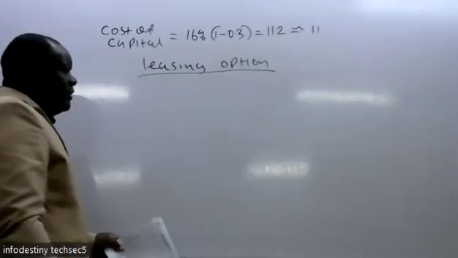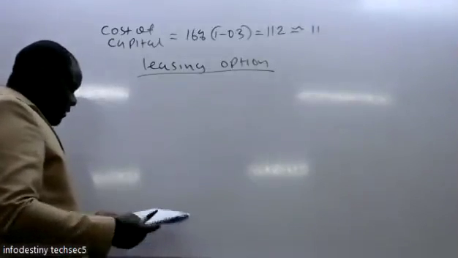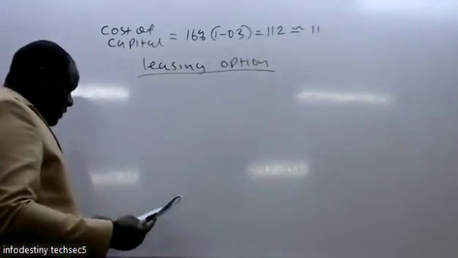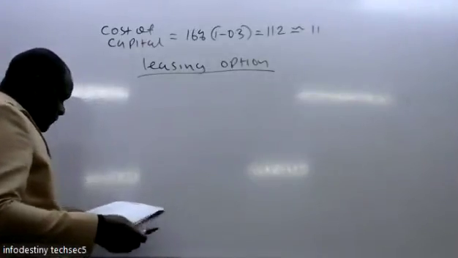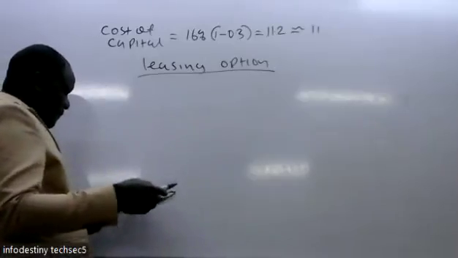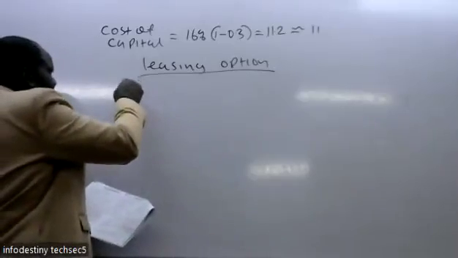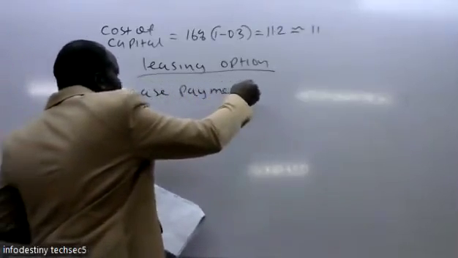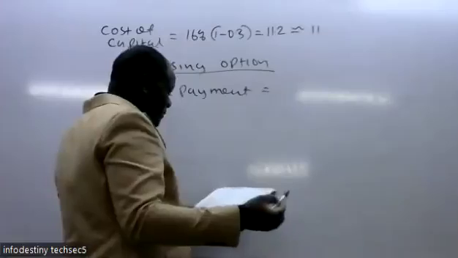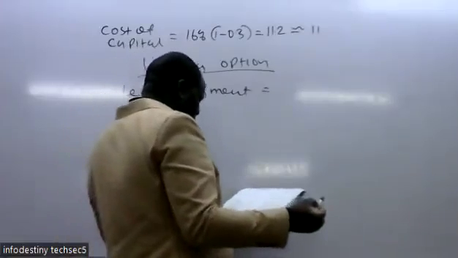You want to get the lease payment. So under the lease, you check through. They say that the lease payment is how much? So we start with the lease payment, which is meant to be 150,000.